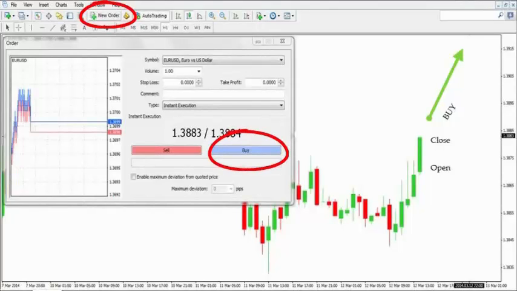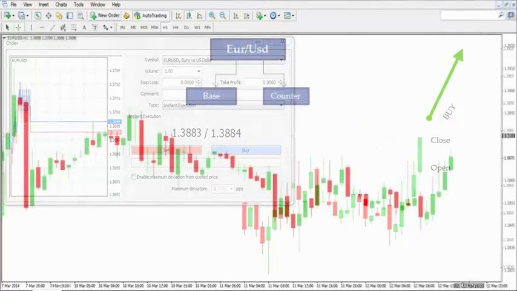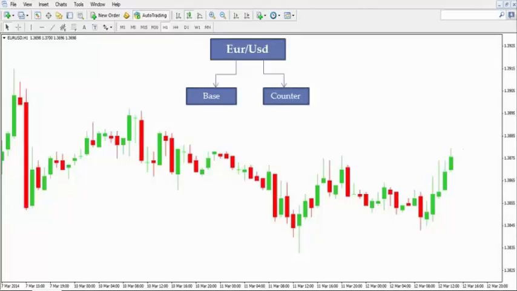Remember, the green bars on the chart are the bullish candles. Green candles always open at the bottom and close at the top. When buying a currency pair, the first currency, which is the base currency in the pair, is getting stronger. The current trend on this chart is bullish, which indicates that the euro is getting stronger.